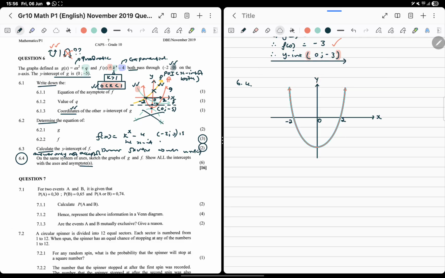Then we saw that our friend is going to approach this line, asymptote line. So we dash this one to show it's an asymptote, and we saw that the friend is a decreasing one.